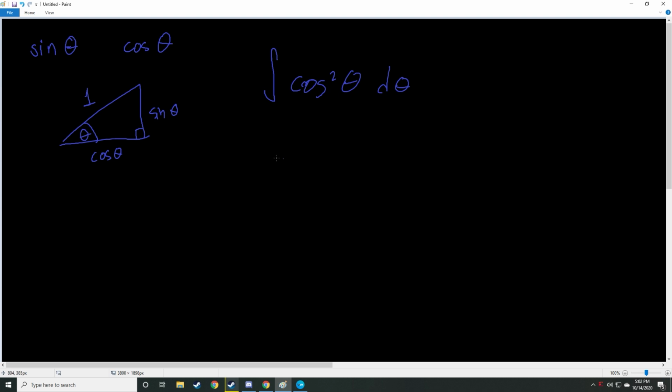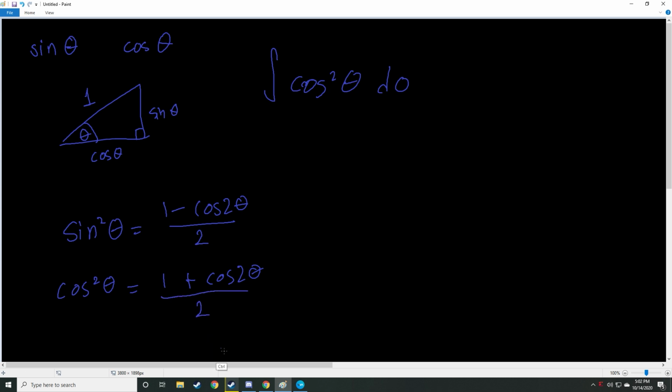Okay, so here are the power reducing identities. Sine squared of theta is equal to 1 minus cosine of 2 theta over 2. And cosine squared of theta is equal to 1 plus cosine of 2 theta over 2. Now, tangent squared of theta is literally just this over this.